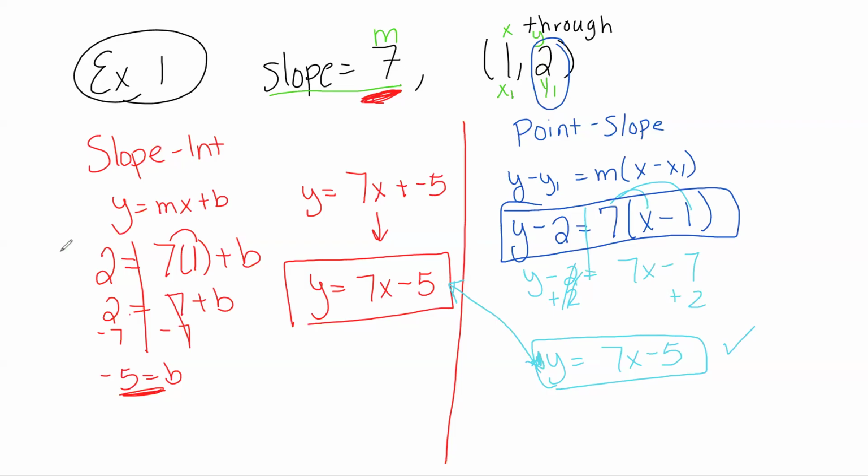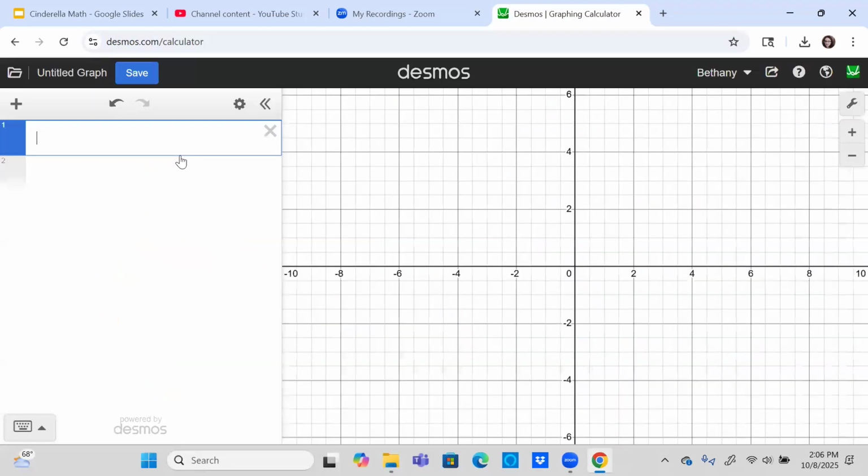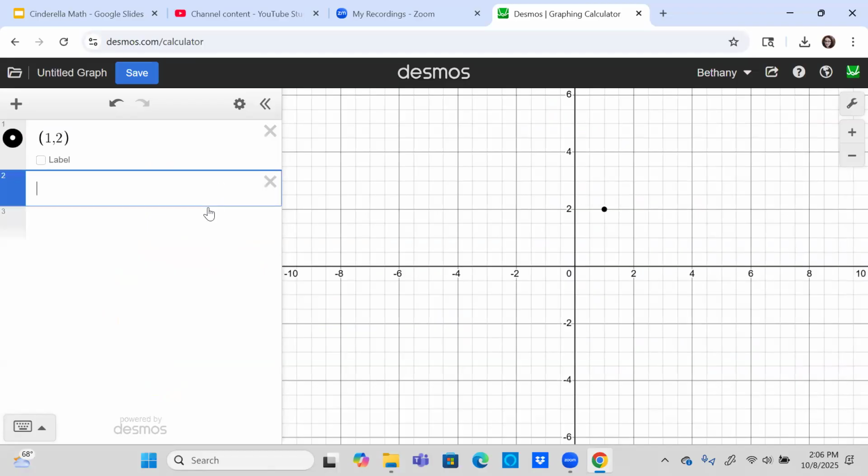And then if you want to check these, this is where I'll go to Desmos. I won't do this for all of them, but I'm going to pop to Desmos here. We had the point 1, 2. To graph a point, just do parentheses, put in your ordered pair. There he is. And then let's type in what we got for the answer: y equals 7x minus 5.